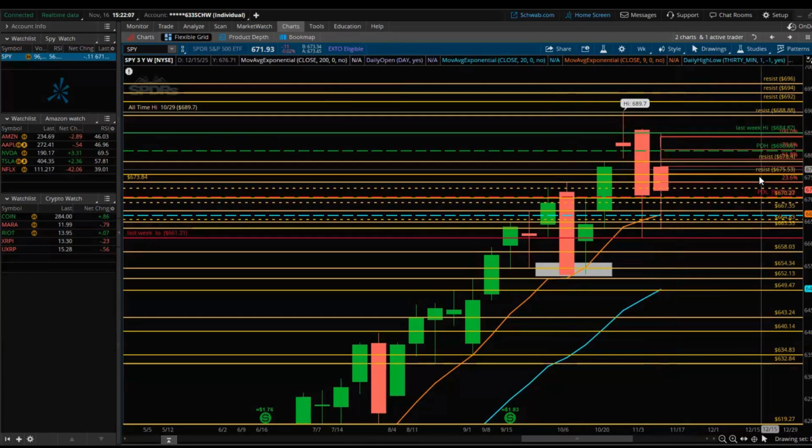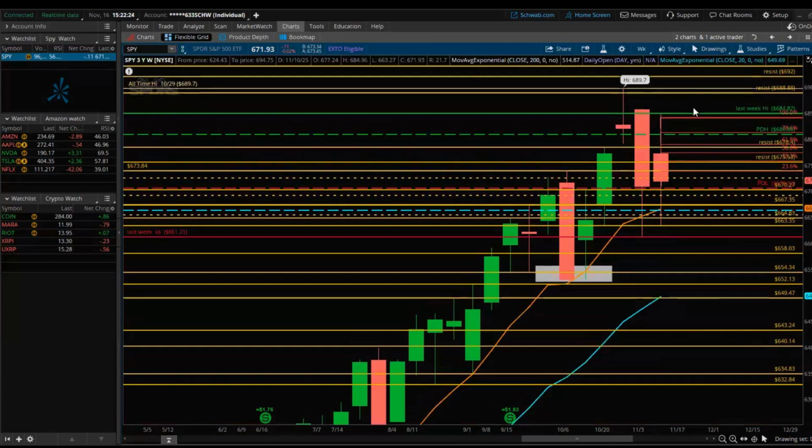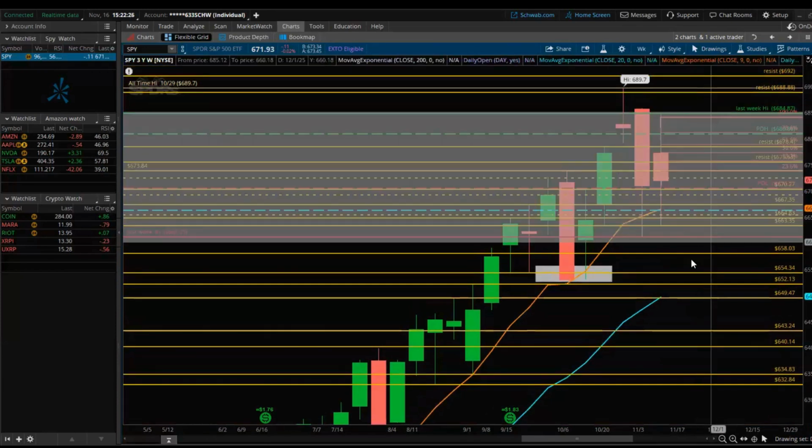So that means Friday, November the 14th, that's how high the market went in the SPY. I'm looking at the SPY. And you notice that I already have it marked. So it's going to say last week's high because that was last Friday. I'm also going to get rid of some of my other little indicators here.